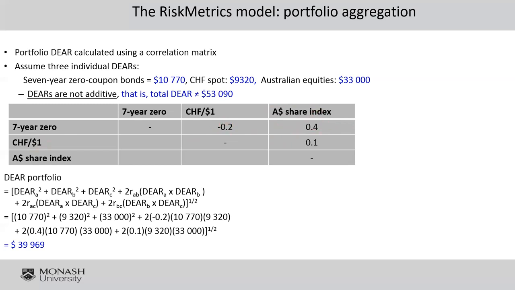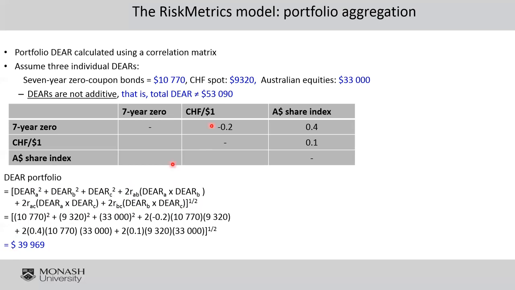I take all of those and I put them in the formula, and the formula will be given to you. So we will bring DEAR A, DEAR B, DEAR C. So this is the equity, this is the fixed income, this is the foreign exchange, and then the correlation between the first and the second, the first and the third, and the second and the third, and then we add them all up, and we want only the standard deviation of this, and we find it to be actually 39.969.